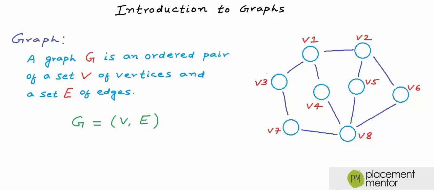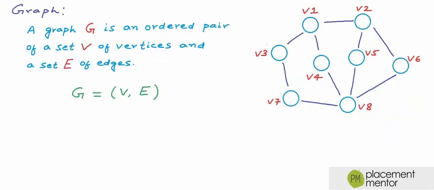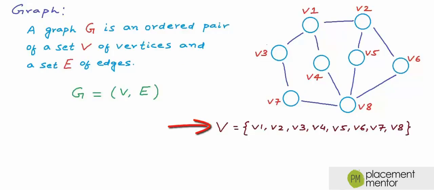There is no first, second and third node here. I could give any name to any node. So my set of vertices here is this. We have 8 elements in the set: V1, V2, V3, V4, V5, V6, V7 and V8. So this is my set of vertices for this graph.